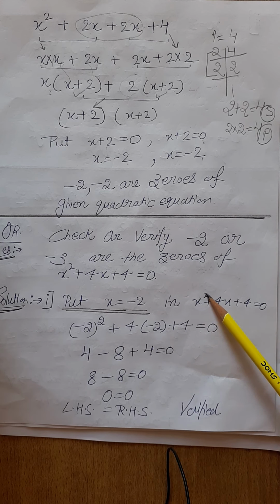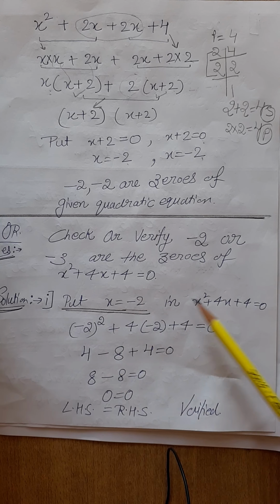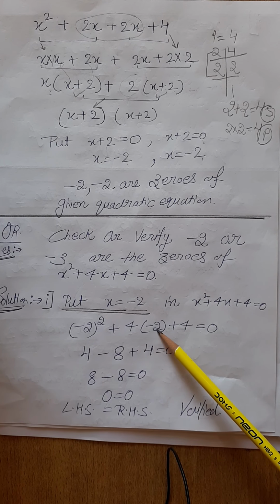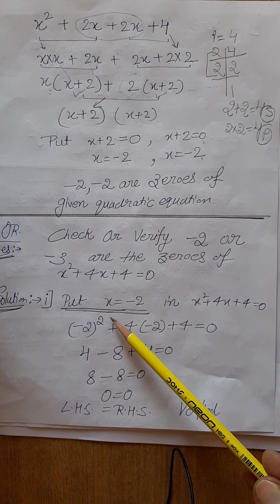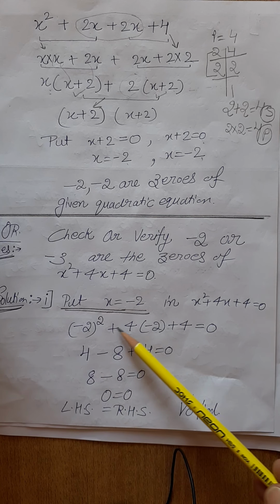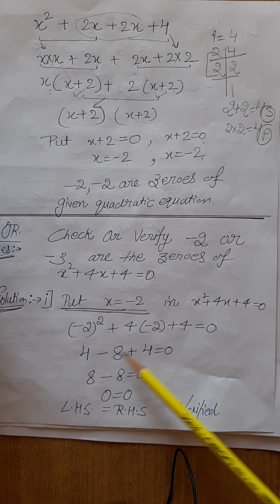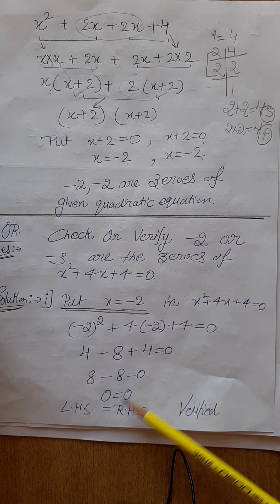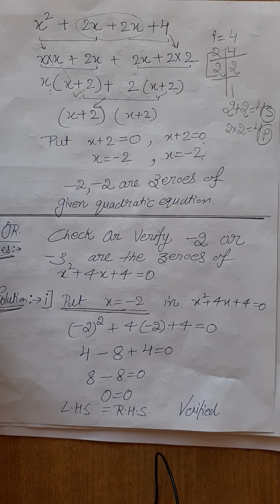It is x square, so in place of x you write -2, and here also in place of x write -2. The square of minus is plus, because minus minus is plus, and plus minus is minus. 4 twos are 8, 4 plus 4 is 8, and 8 minus 8 is equal to 0. So our left hand side and right hand side are equal.